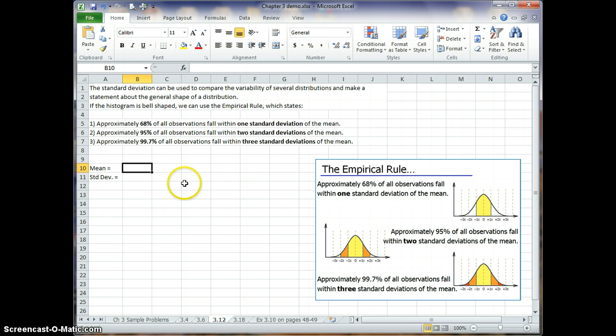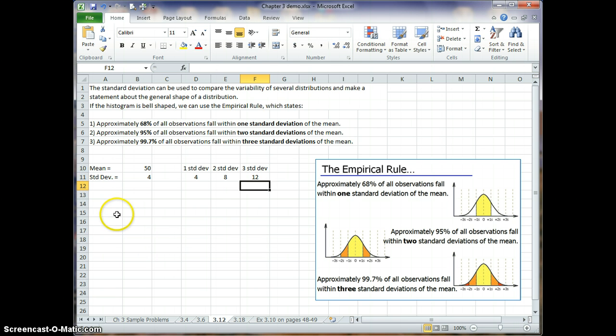So if we know the mean is 50 and the standard deviation is 4, then 1 standard deviation is 4 away, 2 standard deviations is 8, because it's 4 plus 4, or 4 times 2, however you want to think about it, and 3 standard deviations would be 12 away.